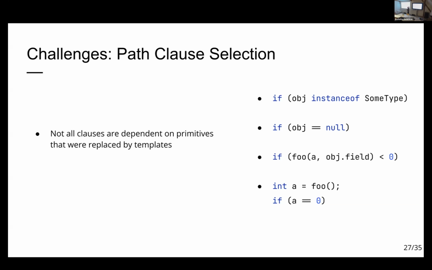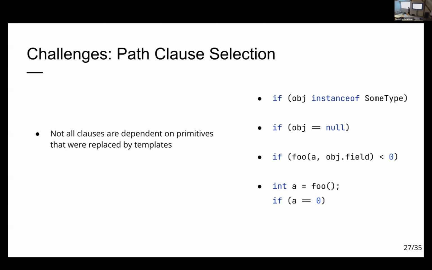For example, instance of checks are not depending on primitives in any case, as well as null values. However, some conditions can be dependent on primitives, can be not, and we need to analyze it, and we have done it with data flow analysis.